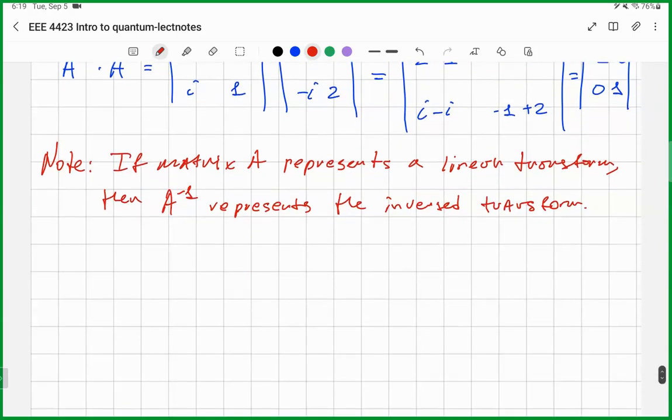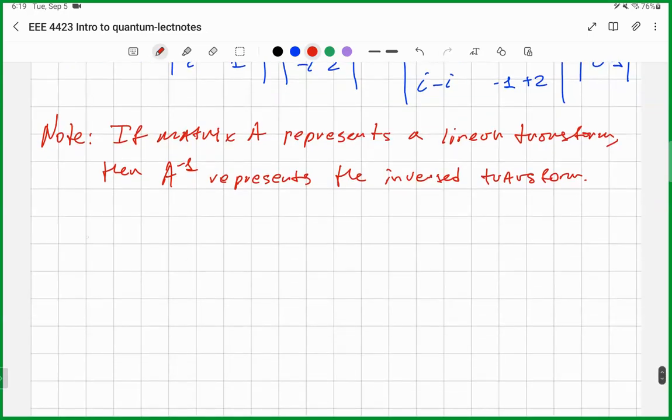Like for example, if a matrix A rotates the vector by minus 30 degrees, then the inverse matrix A minus 1 represents the rotation of the same vector by plus 30 degrees. So basically, inverse transformation.